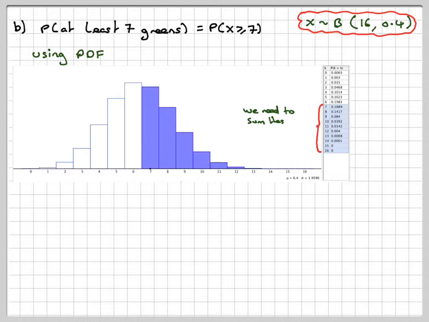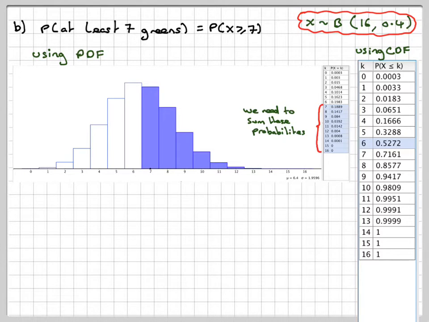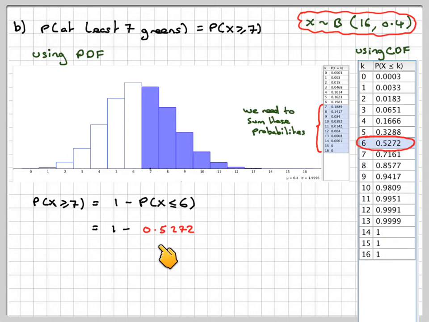So from the CDF table, we need to take the one below 7, which is 0.5272. So the probability that x is greater than or equal to 7 will be 1 minus the probability that x is less than or equal to 6. So 1 minus 0.5272, which is equal to 0.4728, and to 3 significant figures, 0.473.